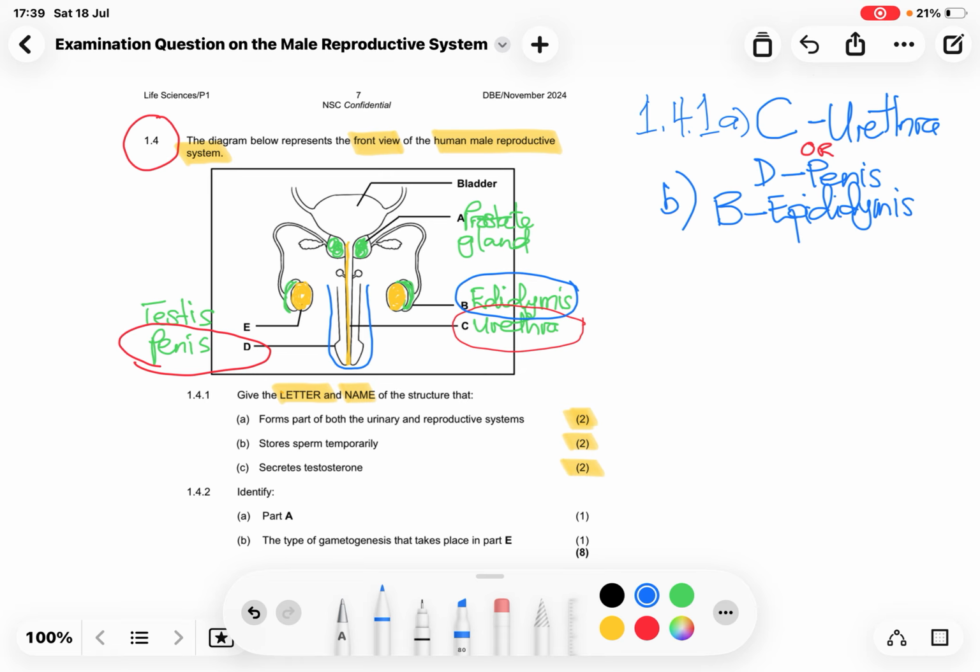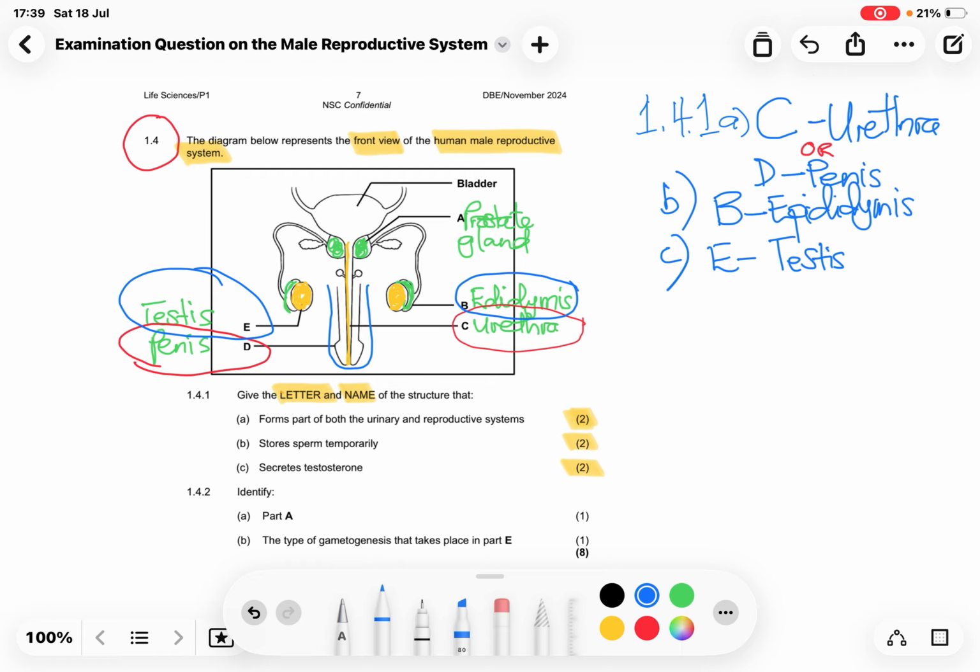Okay, all right. Then we look at part C. Likewise, part C is also asking us for the letter and the name of that structure that secretes testosterone, and that part is, let's use a different color, this one, part E. Right, it's part E, which is the testis.